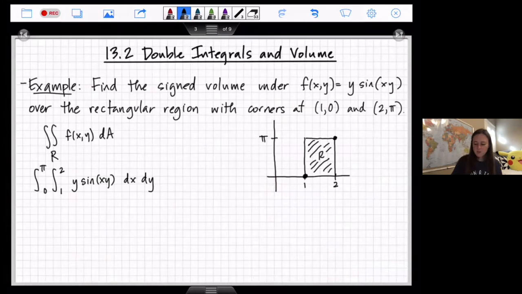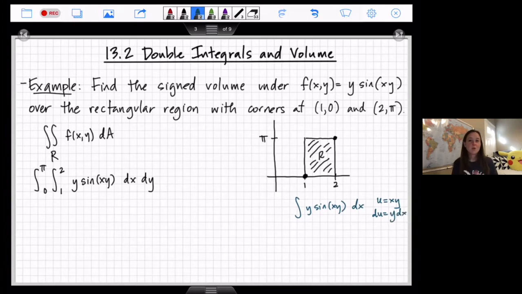So I'm going to come over in my scratch work off to the side and see about integrating y times sine xy with respect to x. For that, I'm going to need a u substitution because I have a coefficient on my x inside the parentheses. So I'm going to let u equal xy, and then du is going to be equal to y dx. Remember, we're treating y as a constant. Actually that y being out front is kind of helpful because the y and the dx together are going to make my du.